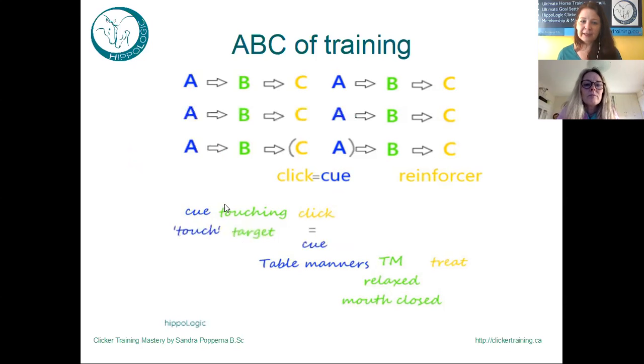Cue, the blue one, and then behavior touching, and then the consequence is the click. So in the beginning, you say the cue touch, touching the target, and then the click is the first consequence. But the click becomes the cue for table manners, and then you get table manners, relaxed horse, mouth closed, and so on. And then he gets the treat.